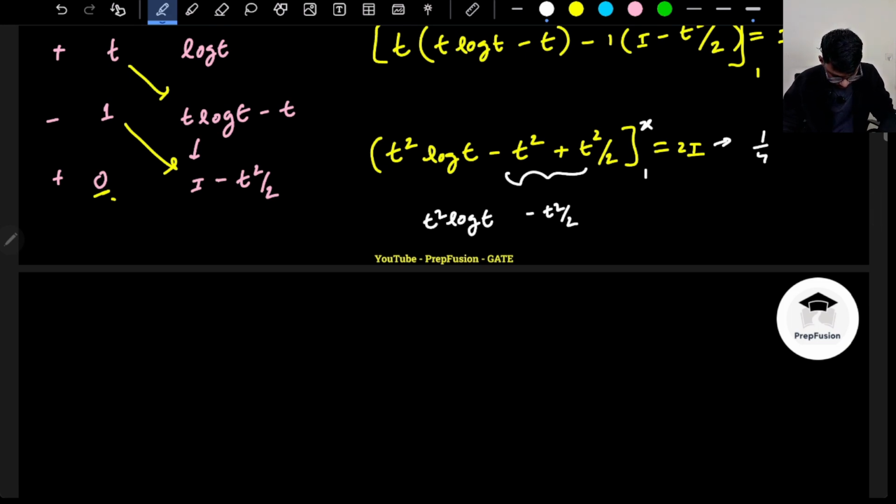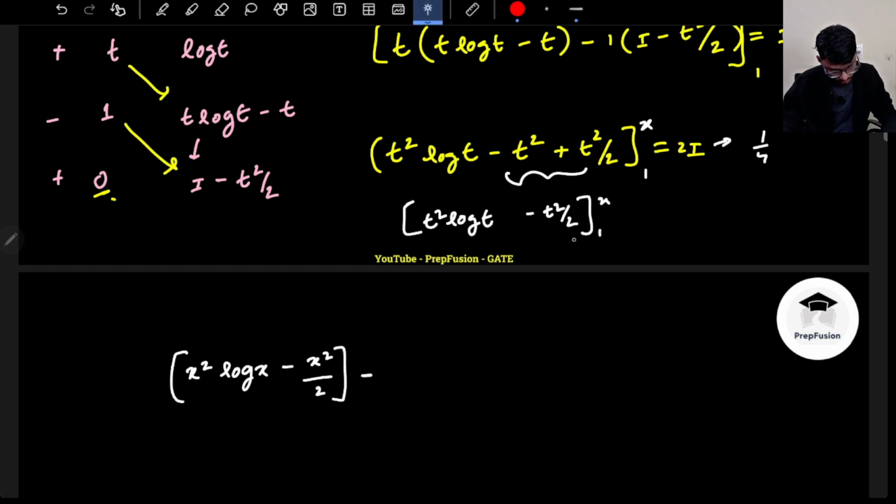So this will be x square log of x minus x square by 2, and of course minus the lower limit. If I put 1 here, the log term will simply vanish. This will be minus half. So minus half equals 2I, 2 times I, so it will be 1 by 2 itself.